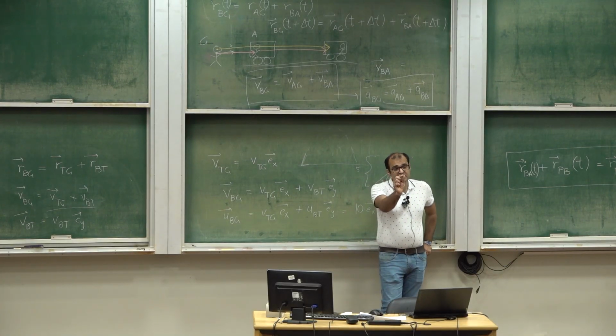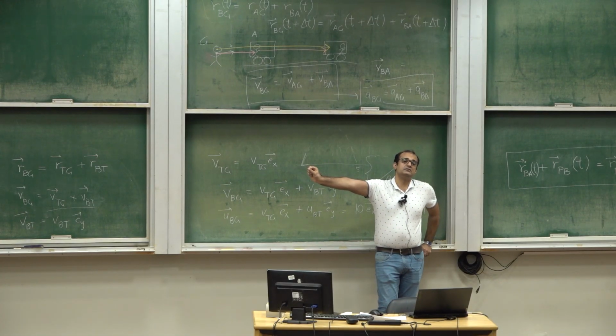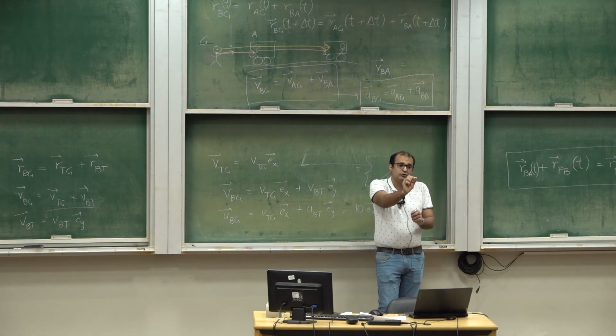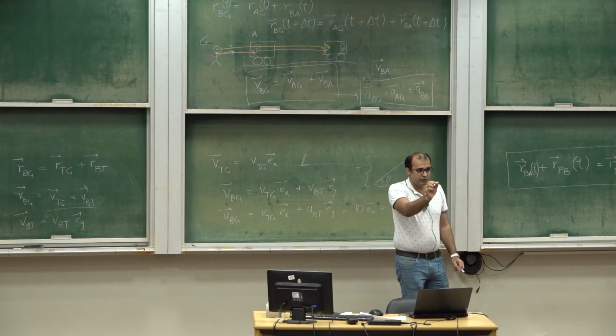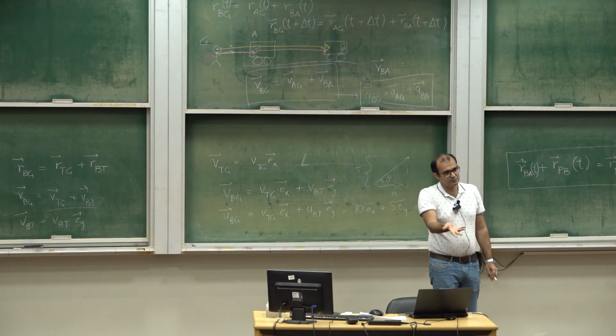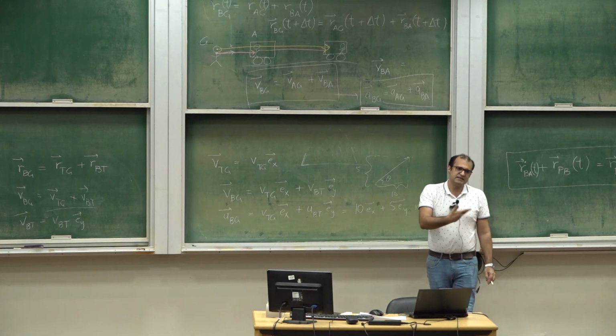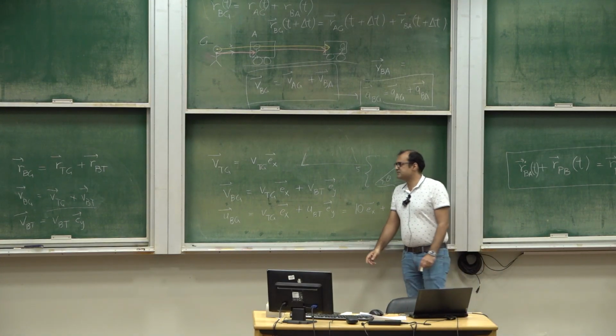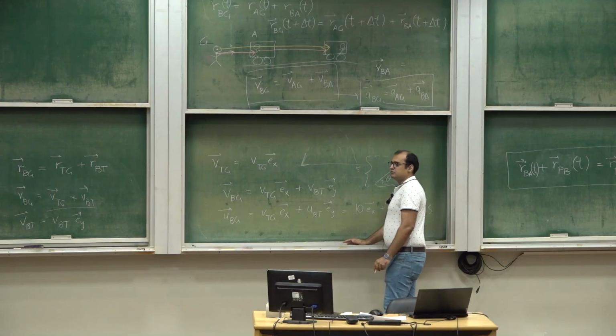That point which the ground has set as the origin, remember that has to remain at rest with respect to the ground. That should not be moving along with the train. The train moves ahead, that origin stays sitting behind. Because that coordinate system, of course, the ground coordinate system, has to be stationary with respect to the ground. That's what it means that you are performing measurements with respect to the ground.